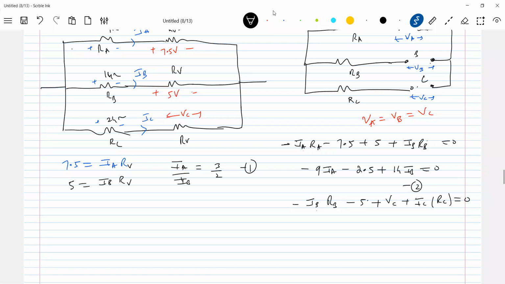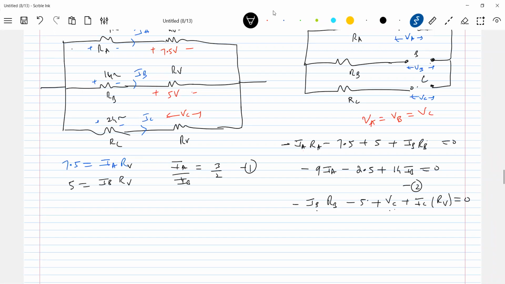We know the value of IB. Solving 1 and 2, I'll get IB, then the value of RV. So VC and IC are two unknowns.